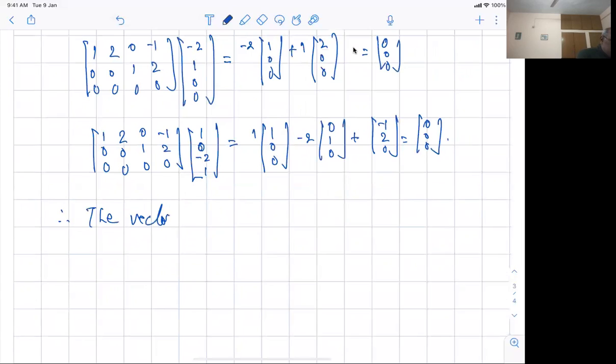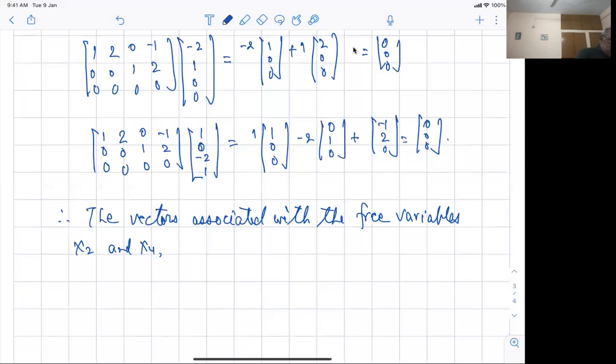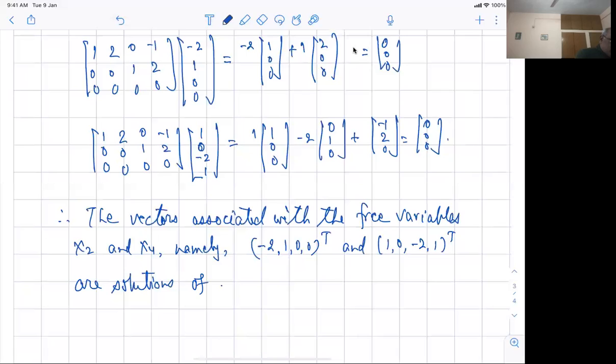Therefore, the vectors associated with the free variables x2 and x4, namely -2 1 0 0 transpose and 1 0 -2 1 transpose, are solutions of the homogeneous system Ax equals 0.